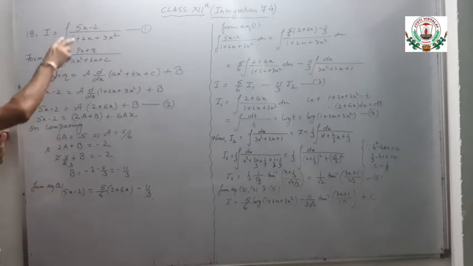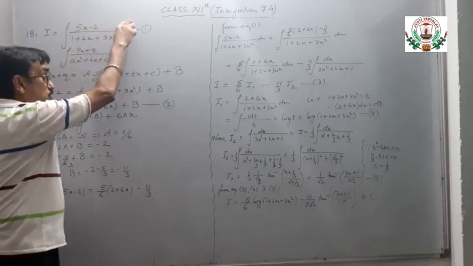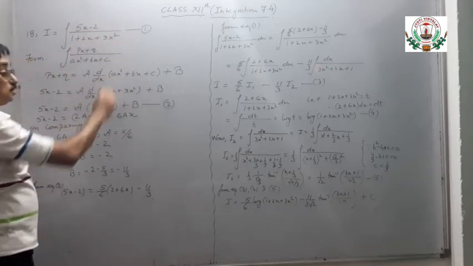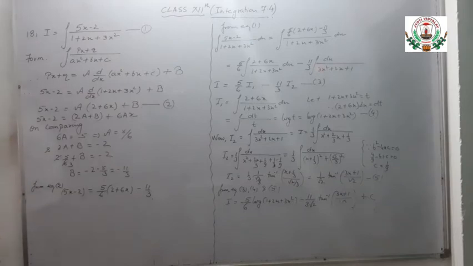We can see that in the numerator there is a linear equation and in the denominator there is a quadratic equation. So what is the form of this question? Integration of px plus q upon ax square plus bx plus c.